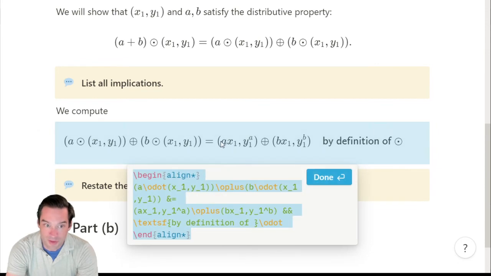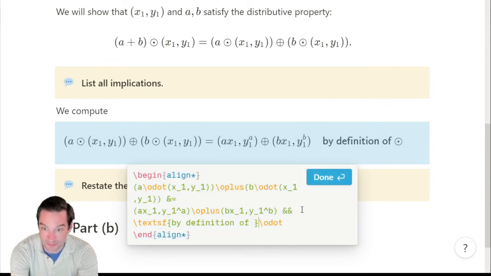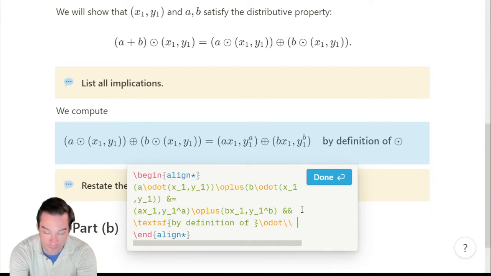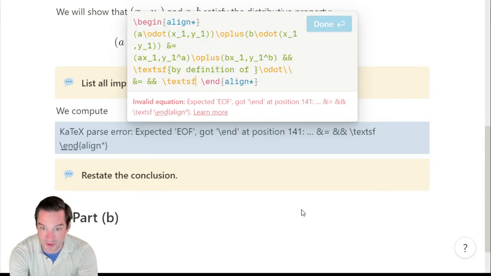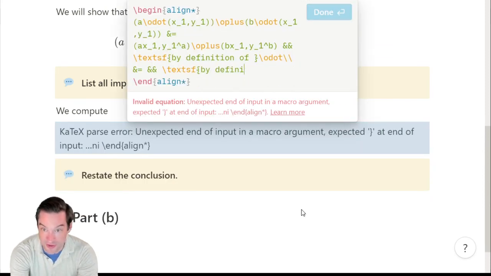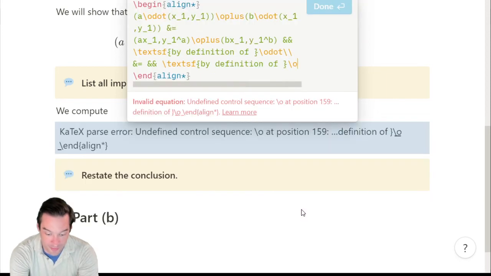All right. So now what would be the next thing we would want to simplify? We should actually do the addition now. Let's do the funny addition. My warrant for the next step is going to be by definition of the funny addition.